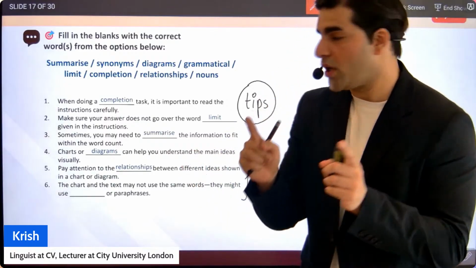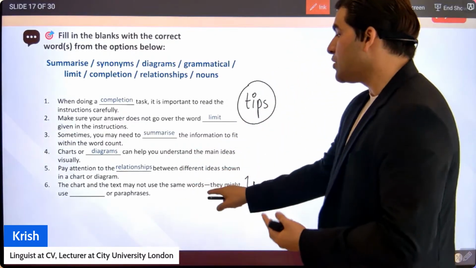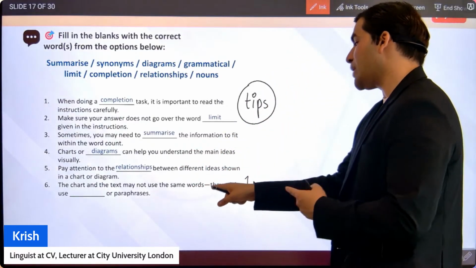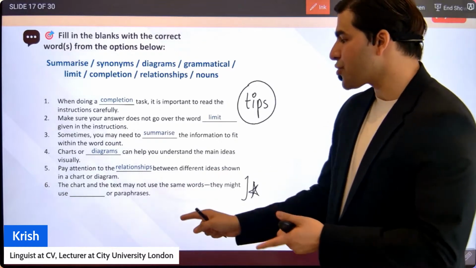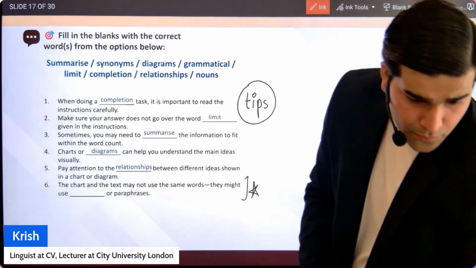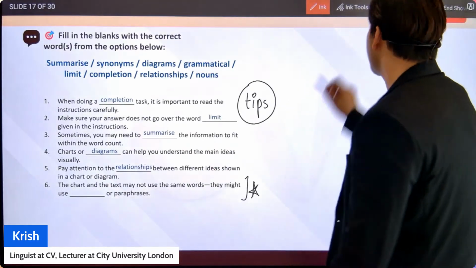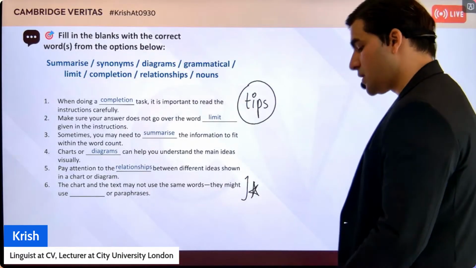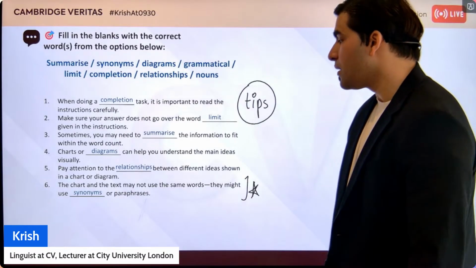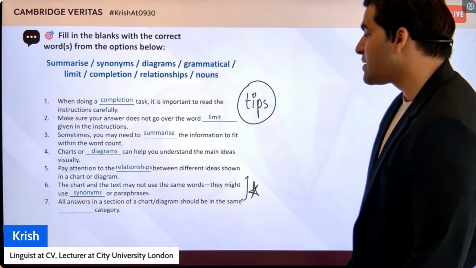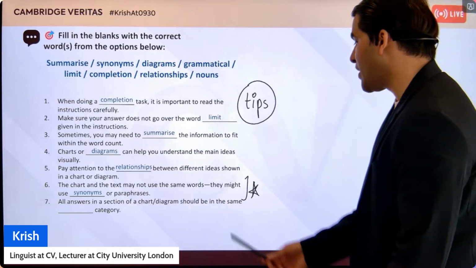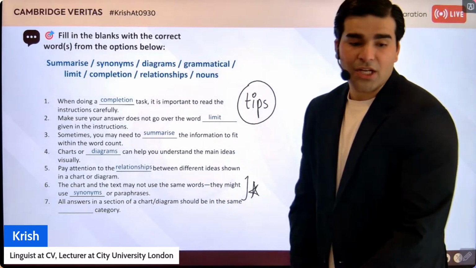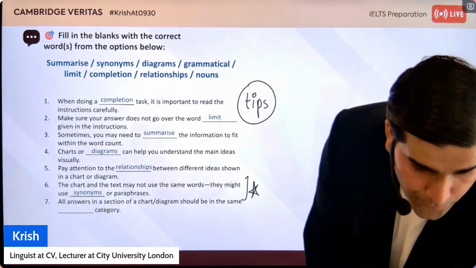They're always different words, more often than not. The chart and the text may not use the same words. They might use dash or paraphrases. Synonyms. Priya's already told the answer. Wonderful. Synonyms. Number seven, all answers in a section of a chart or diagram should be in the same dash category.